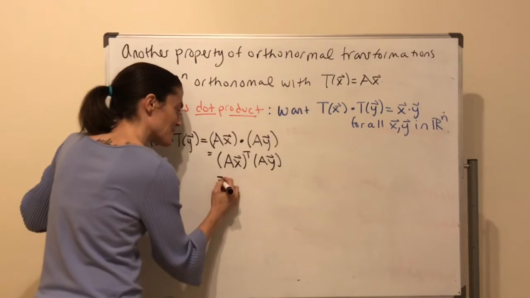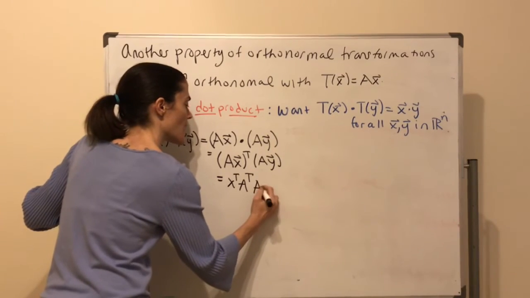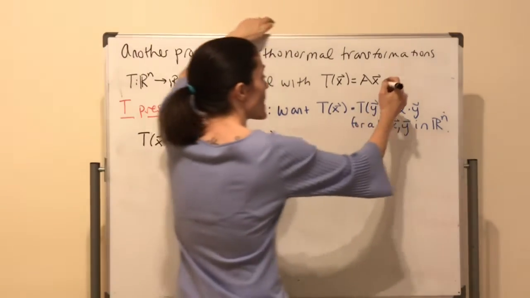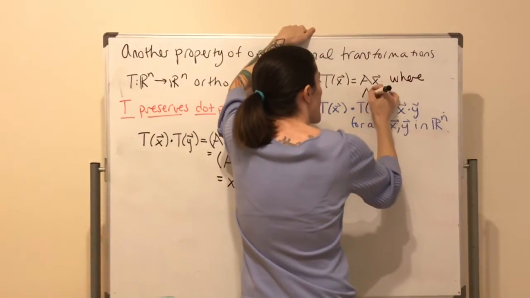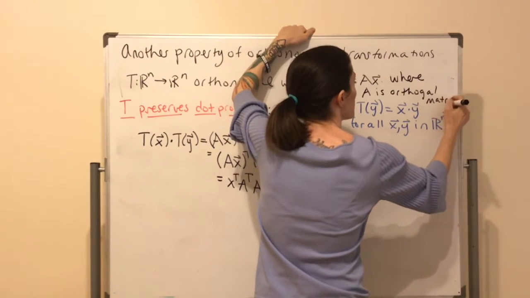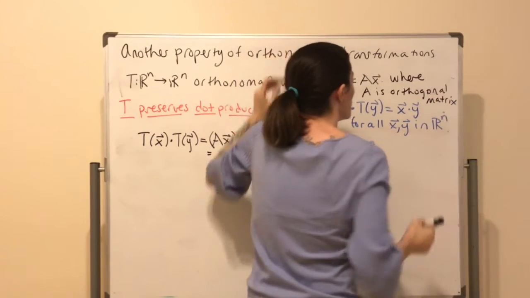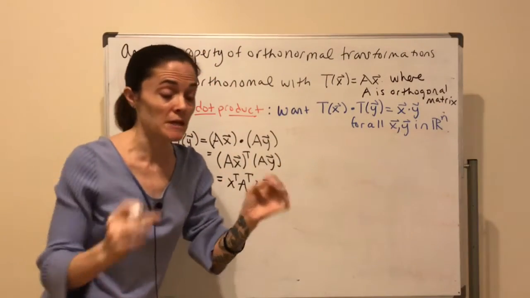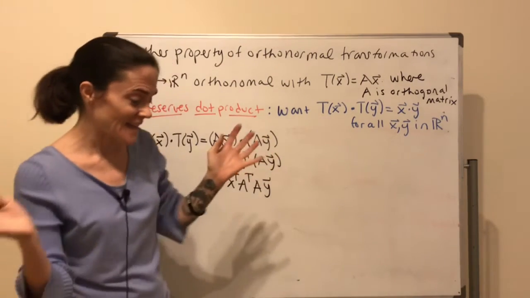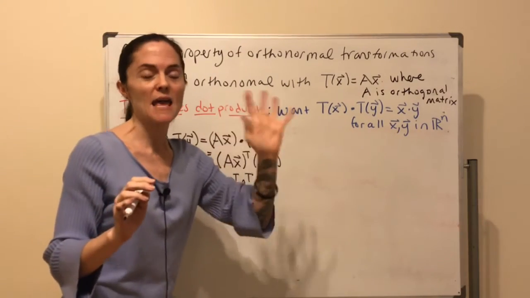Okay, here we go. This will be fun. This is x transpose, A transpose, and then here we have A, y. Look, but A is orthogonal. I'll even write that A, by definition, is an orthogonal matrix. That's the definition, but we know that's equivalent to the columns of A forming a basis for Rn, and is equivalent to, by what we talked about at the start of today, that A transpose A is the n by n identity.